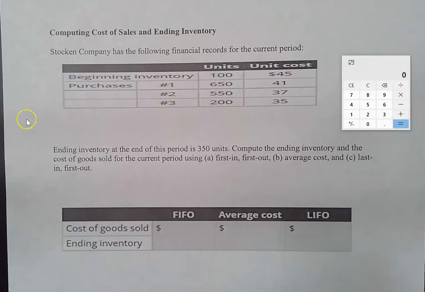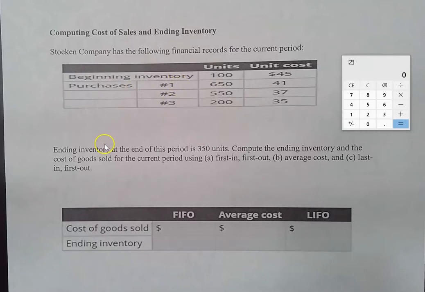In a couple of the other recent videos, we've looked at beginning inventory, both in terms of units and unit cost. But then we've had purchases throughout the period that were given to us as both a total number of units and then a cost. But here we have 1, 2, 3 purchases that are made.